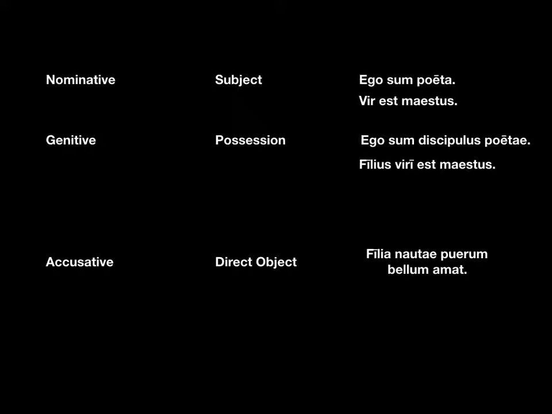So, what's missing? What's missing is the indirect object. Some verbs in Latin, just like in English, allow the idea that something else will be affected by the action of the verb, but not directly. Not directly, but indirectly. In Latin, to signal this meaning, we use the dative case.